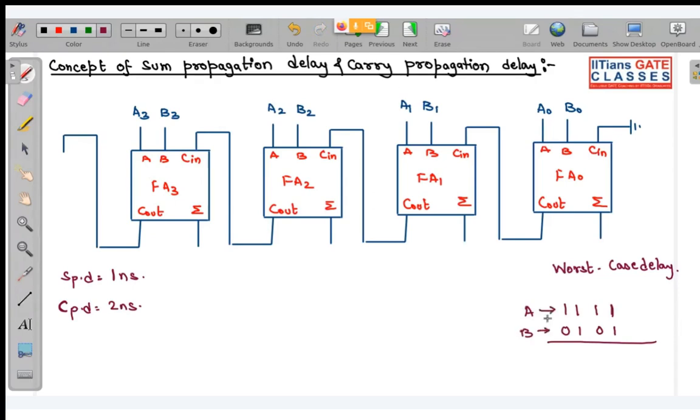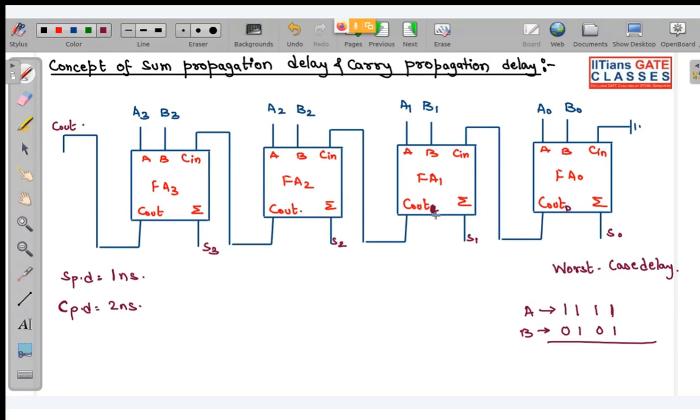Now look very carefully. These are my outputs: S0, S1, S2, S3 and C out. Let me assume these are C out 0, C out 1, C out 2, C out 3. First understand, then I will give you time to copy.